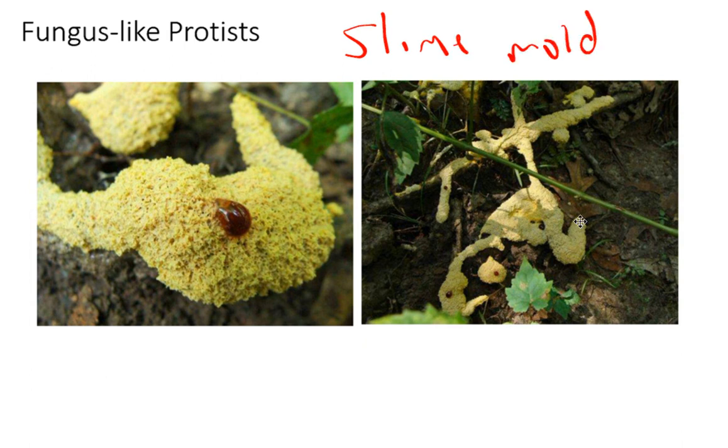They can even be powdery. This particular slime mold is actually called the dog vomit slime mold, and that's not a joke. Some other people call them the scrambled egg mold, which again is not a joke. Those are actual common names for this slime mold, neither of which are particularly appetizing.